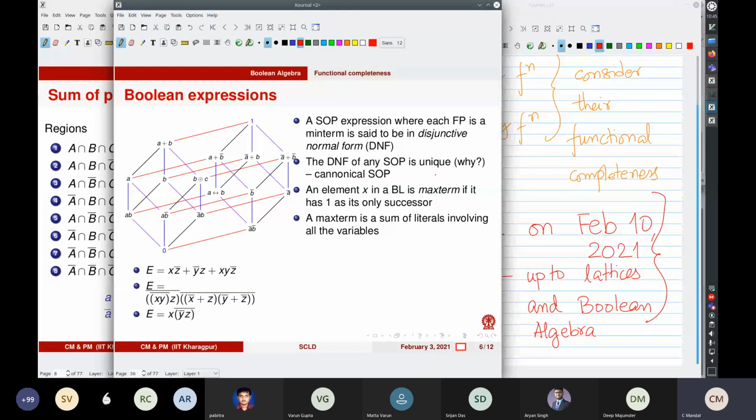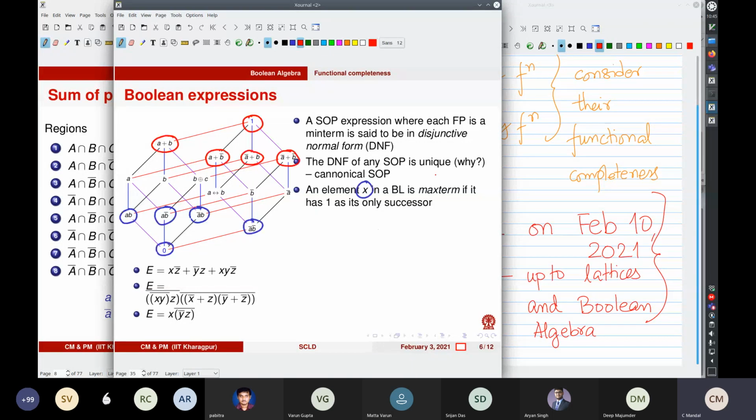A max term is a sum of literals involving all the variables, as you have seen. A min term is a product involving all the variables, and this is a sum. A max term is a sum involving all the variables. So that is what a max term is.